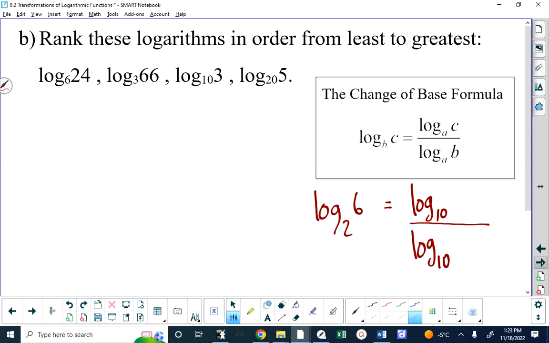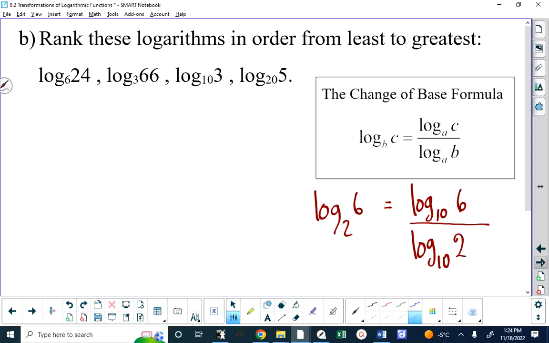So I have log base b of c. I'm going to change it to log base 10 of c and log base 10 of b. I introduce an entirely new base, 10. The big number, 6, goes on the top. The little one goes on the bottom.